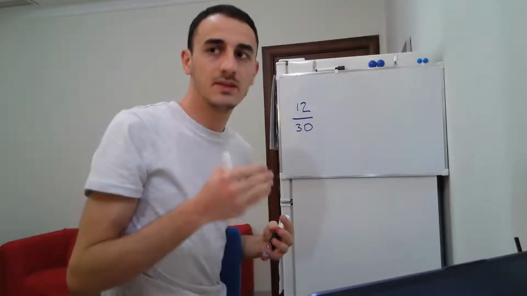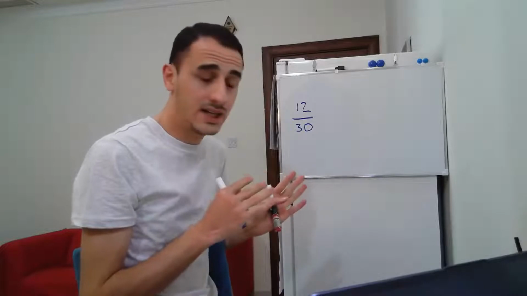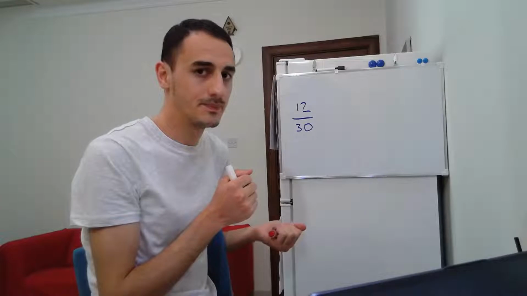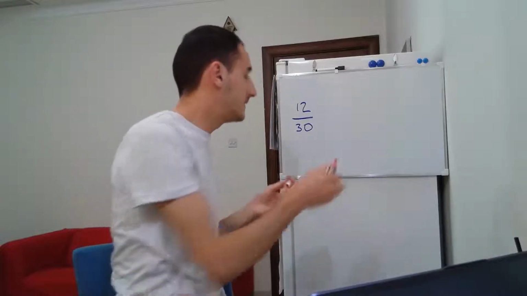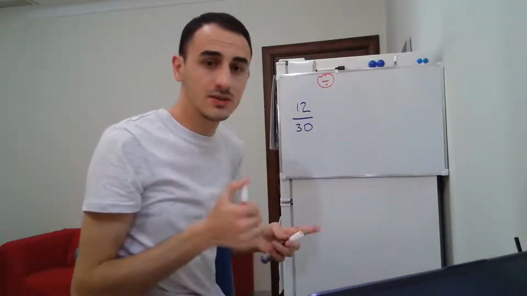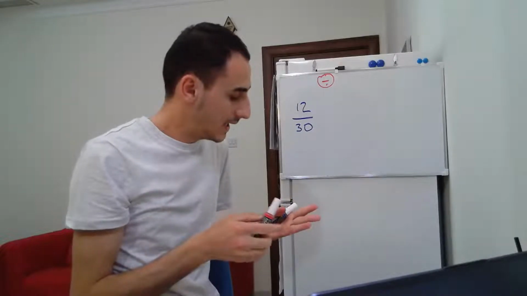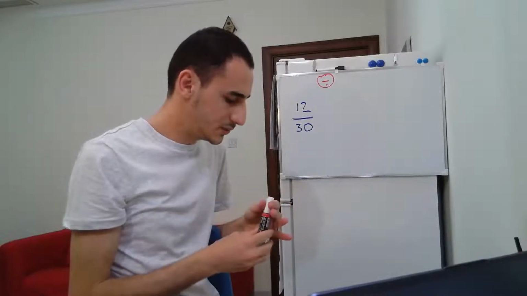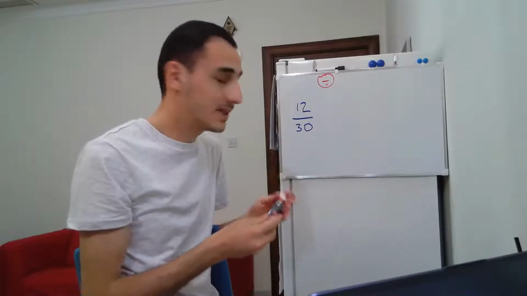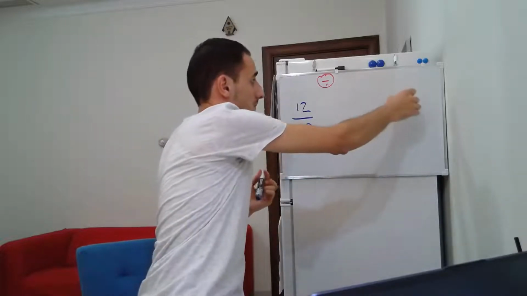Since our aim is to make it simpler and smaller, the only way is to divide the top number and bottom number. The operation that we will apply is division. But now the second question is, we will divide, but by which number? We always should start by checking if the top number and bottom number are divisible by 2.